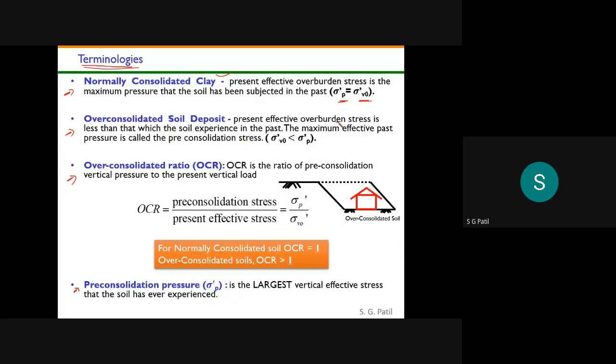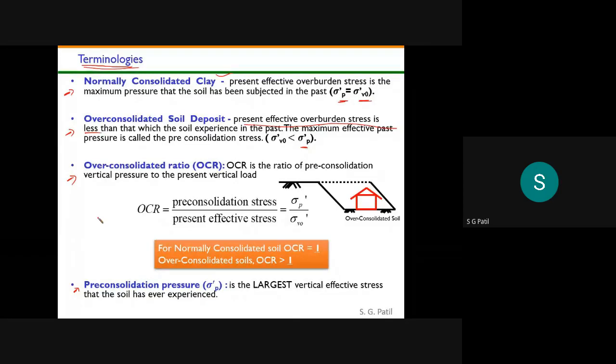The present effective overburden stress is less than that which the soil has ever experienced in the past. That means your present vertical stress is less than your pre-consolidation stress. That kind of soil is called over consolidated soil.